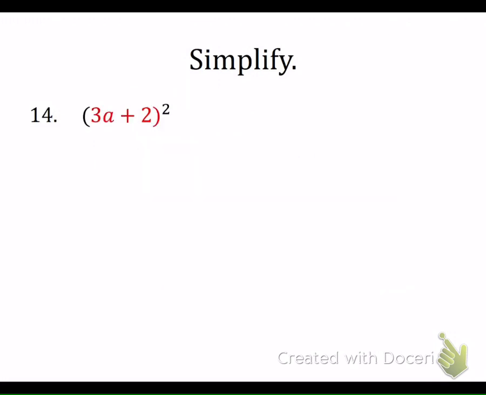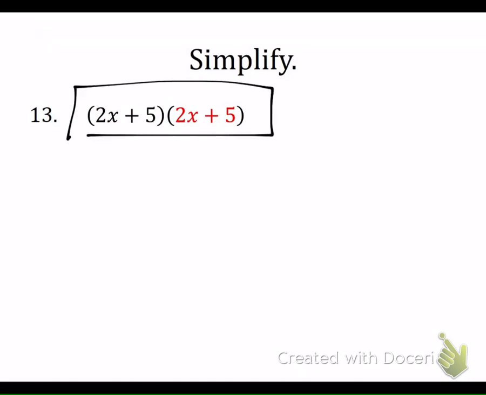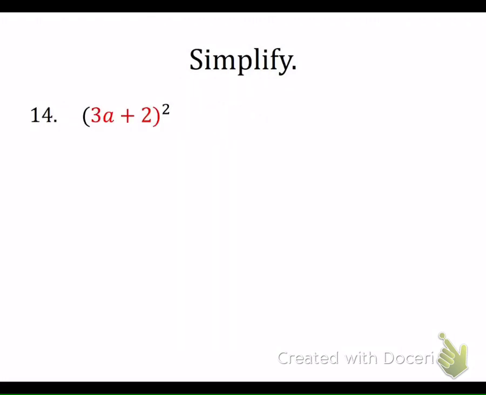All right. Now, this one and this one are very similar. Do you see how these are the same? But they were already written out. That's what I need to do on this one. They're the same, but before I can double distribute, I need to write it out how many times? Twice.